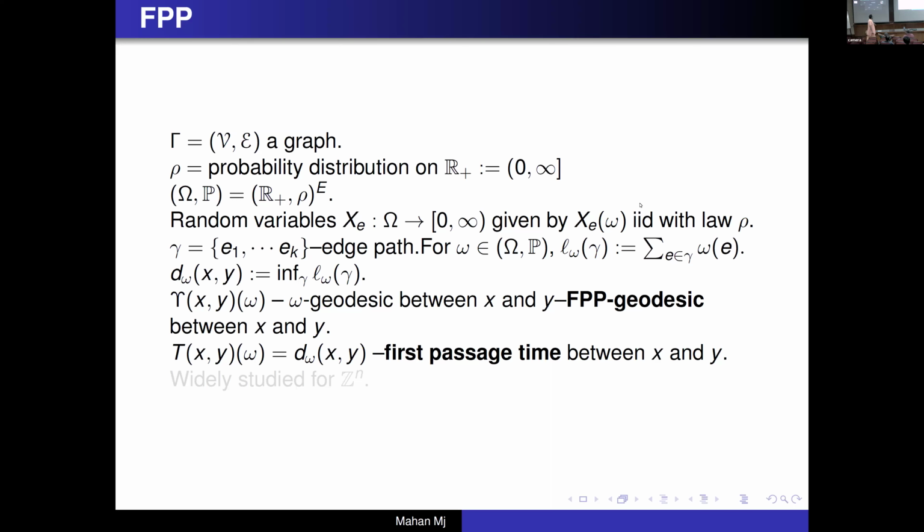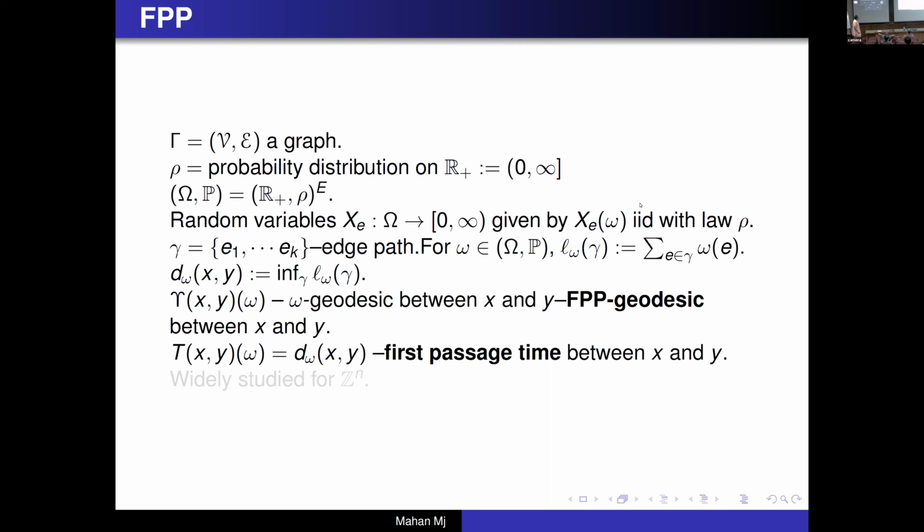You've relieved me of some stress, as I thought I was completely ignorant and illiterate when I could not differentiate between T and epsilon. So epsilon_xy is the geometric object which realizes the distance for omega, and T is its length. Is that okay now? Kedar, is that right? Yeah, that's right.